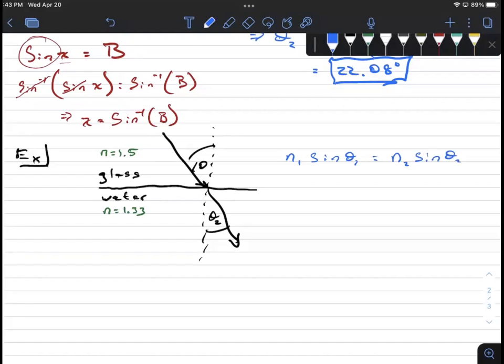Really easy. All right, plugging my numbers in. I'm starting in glass, so n1 is 1.5. Sine of theta 1 is 10. Is equal to n2, I'm going to water, 1.33. Sine theta 2 is what I want.